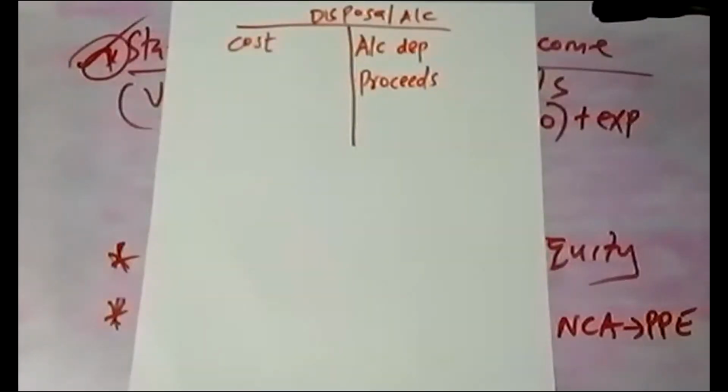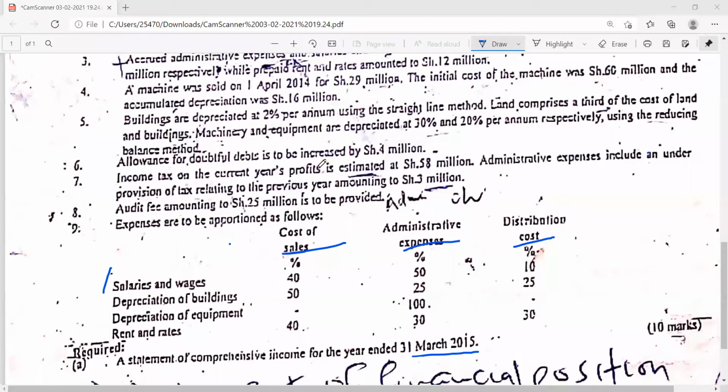This asset which was disposed was having which cost? They said that a machine was sold on 1st April 2014 for 29. So 29 would be my proceeds.